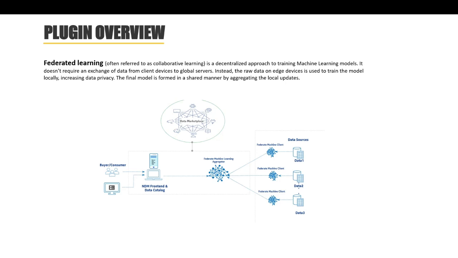Instead, the raw data stays on the edge device in the client environment and is used to train the model, and a server does the orchestration. It increases data privacy, and the final model, which is the result of the collaborative learning between different clients, would be shared with the end user who has requested it.